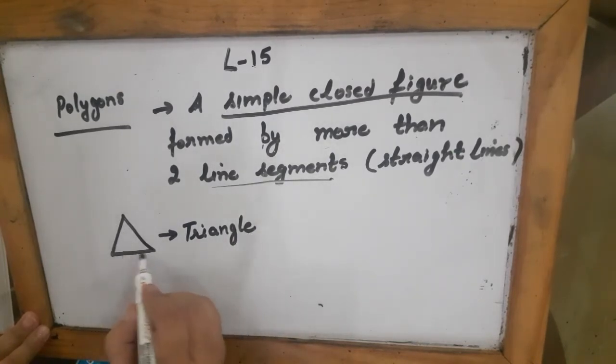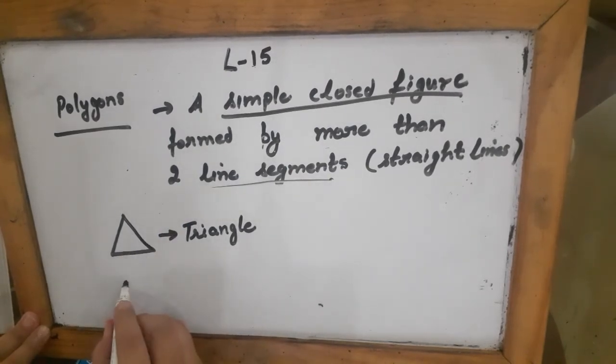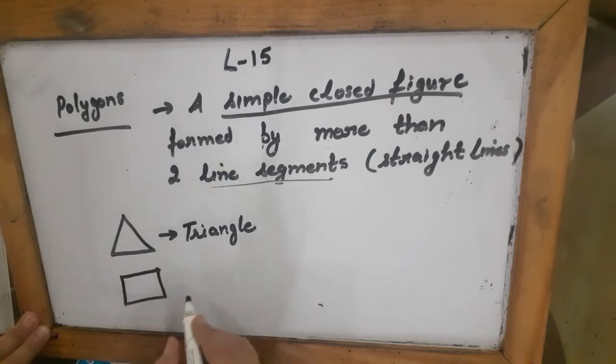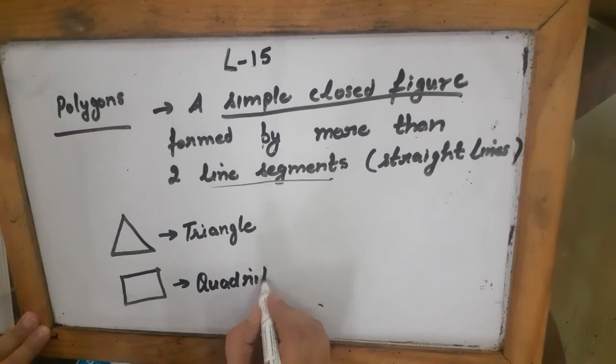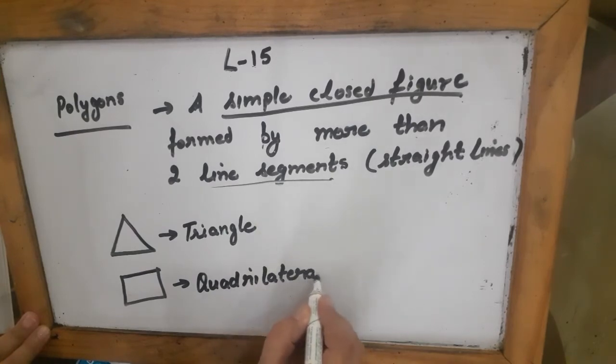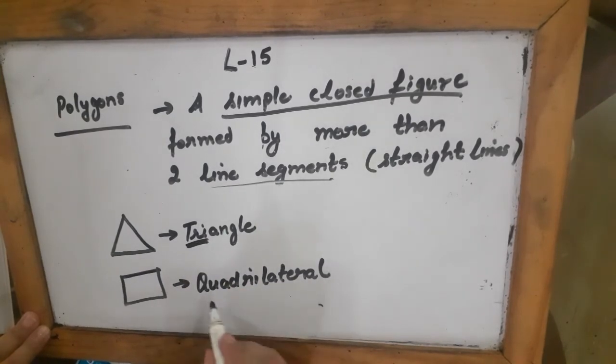A polygon having three sides is called a triangle. Now if I come to a four-sided figure which has four straight sides, this is called a quadrilateral. Here tri means three and quadri means four.